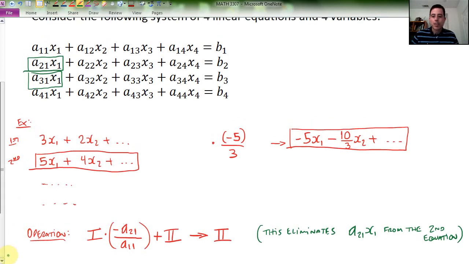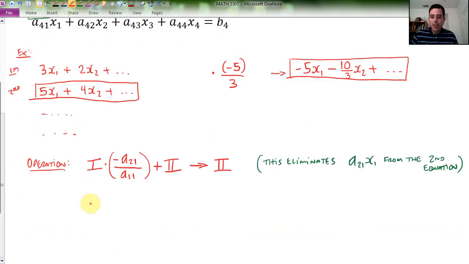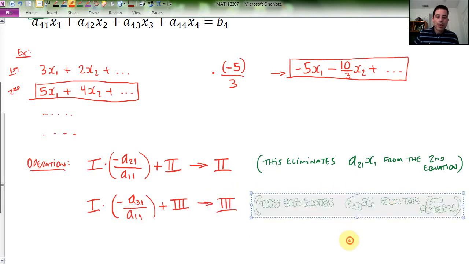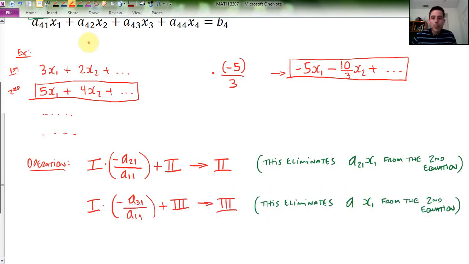So if you follow the same idea, then multiply the first equation by a31 opposite divided by a11, and add that to the third equation, and then we replace the third equation. Okay. So this will eliminate a31 x1 from the third equation.